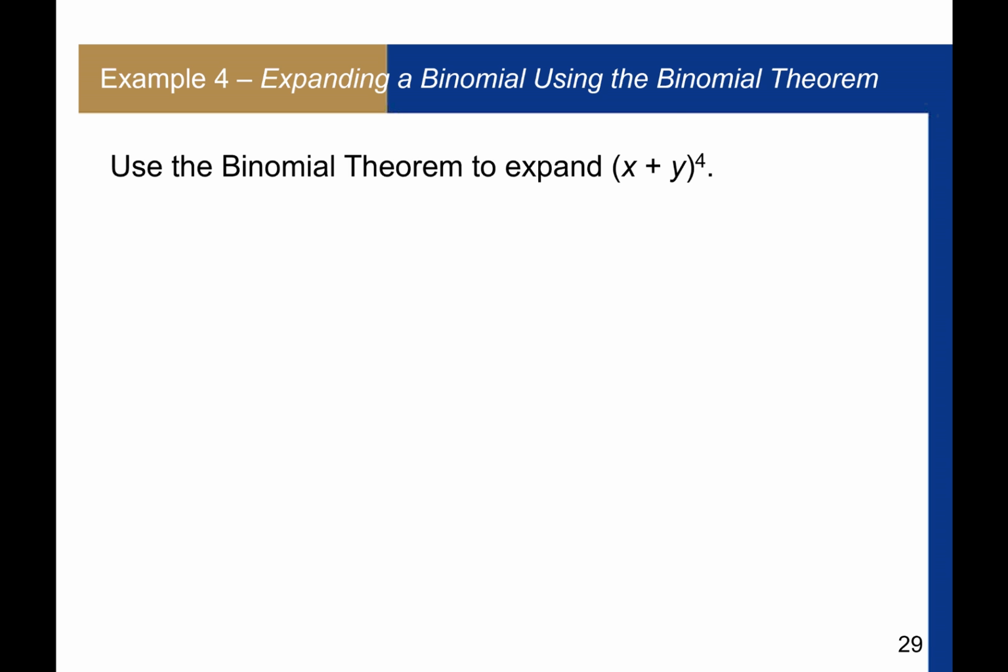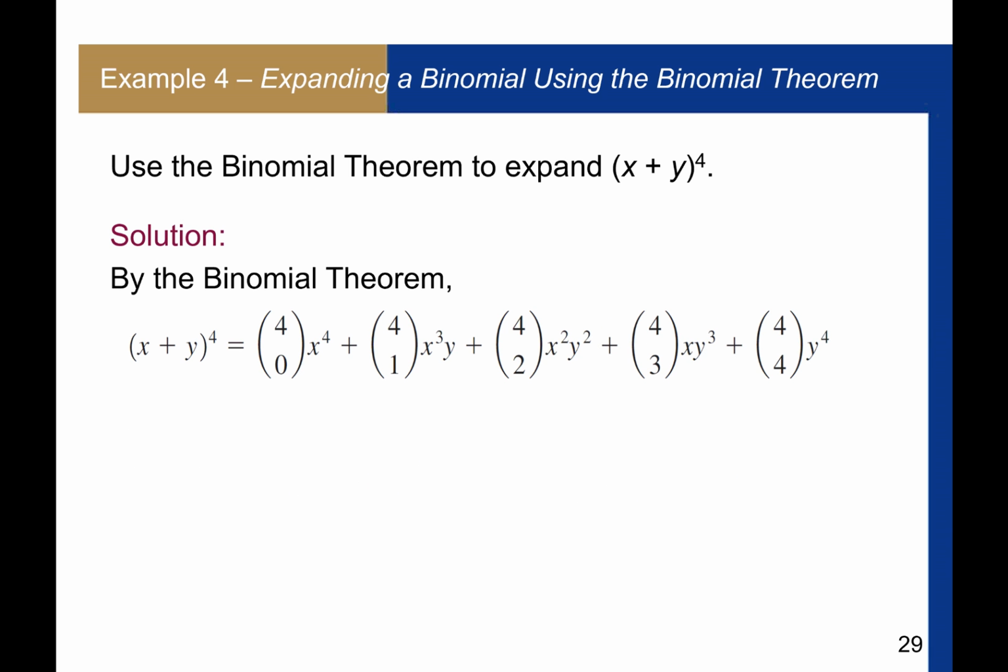What I'm expecting to see with your work on OneNote is writing out the expansion, following the directions. In this case, we're going to take x plus y to the fourth power by writing it out using the binomial theorem. The first coefficients are 4 choose 0, 4 choose 1, 4 choose 2, 4 choose 3, 4 choose 4.